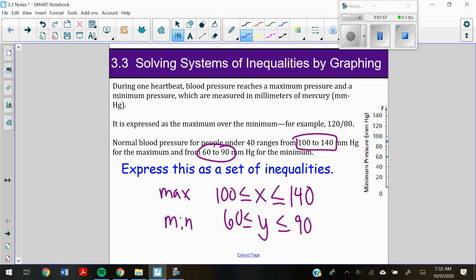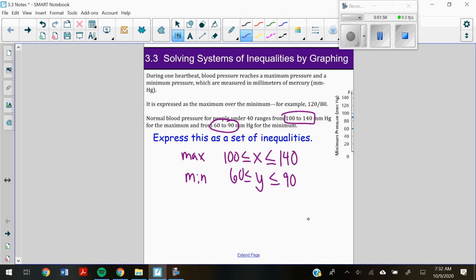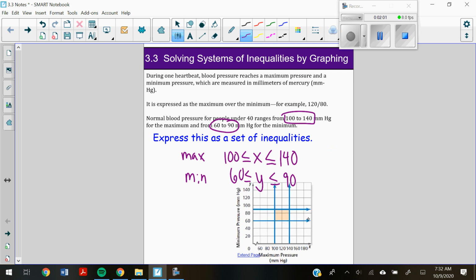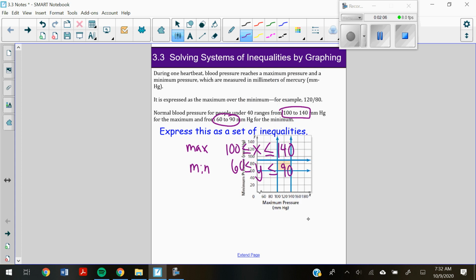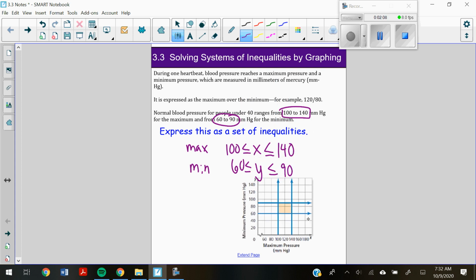If you look, you have that little graph next to it, and that's going to show us this. Here we see our one. We're going to see between our 100 and our 140. It's going to be greater than 100, so x is greater than 100. Remember, you can think about that this way. That means we shade to the right.